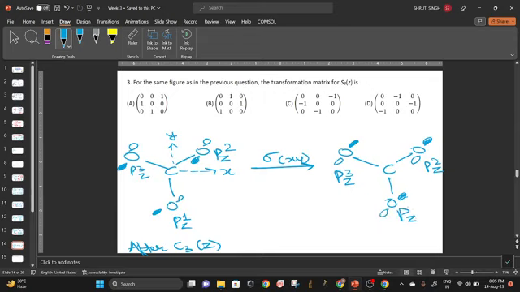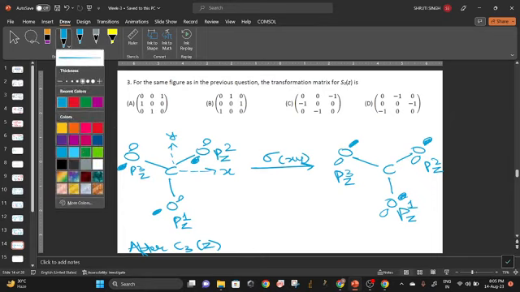PZ1 will change position by reflection, and PZ2 and PZ3 will remain at the same place. Why? The lobes will change, right? All of them will change, because the plane is the molecular plane.